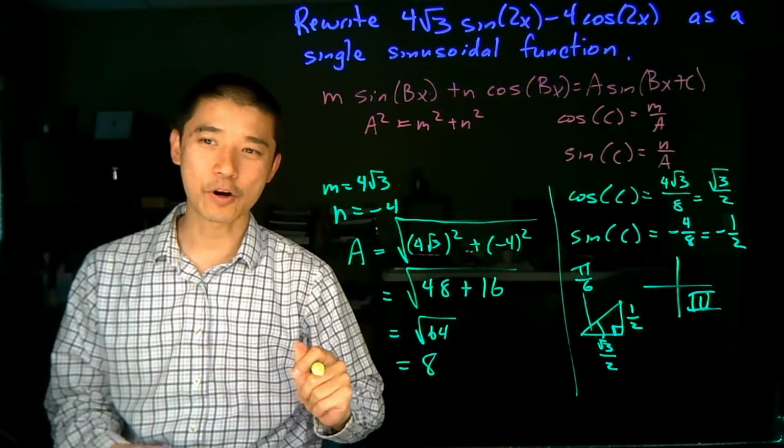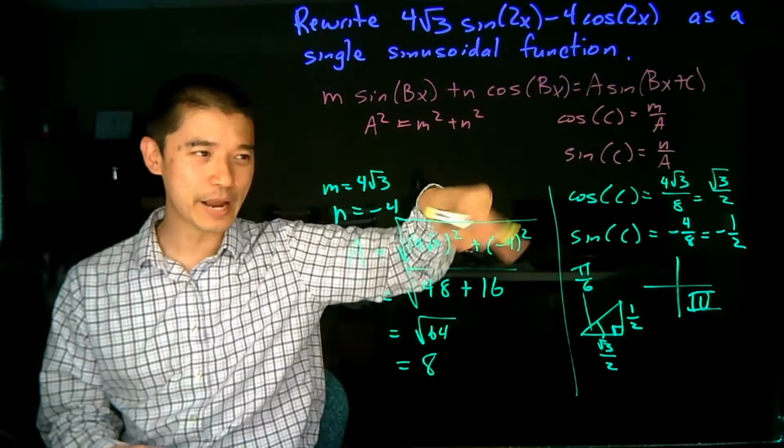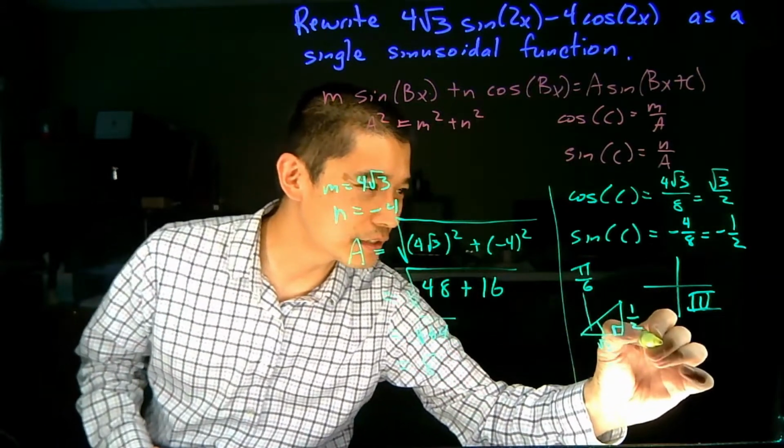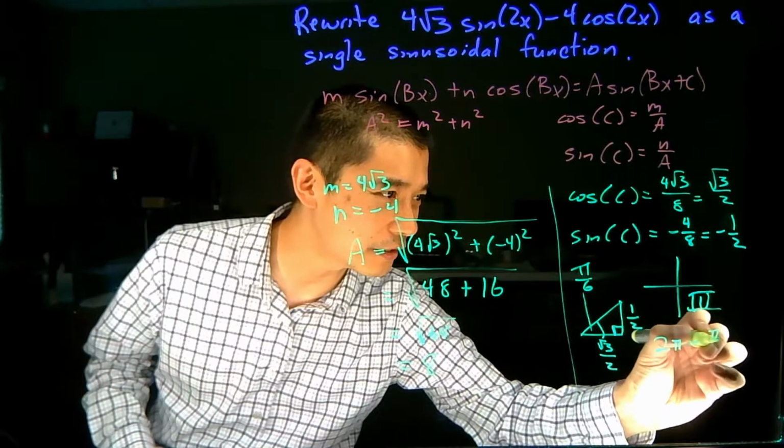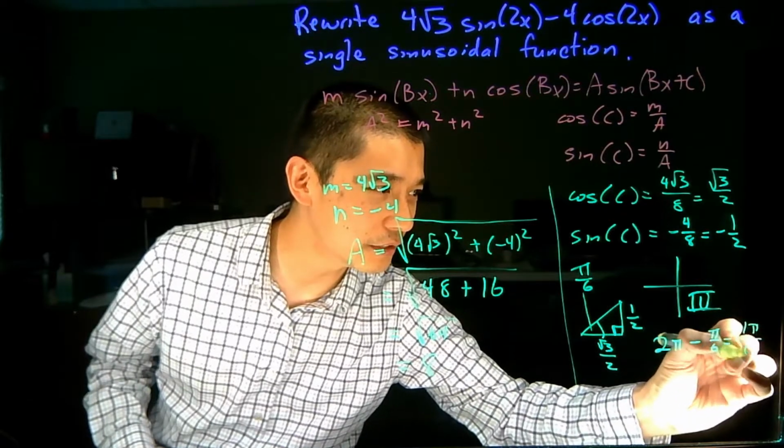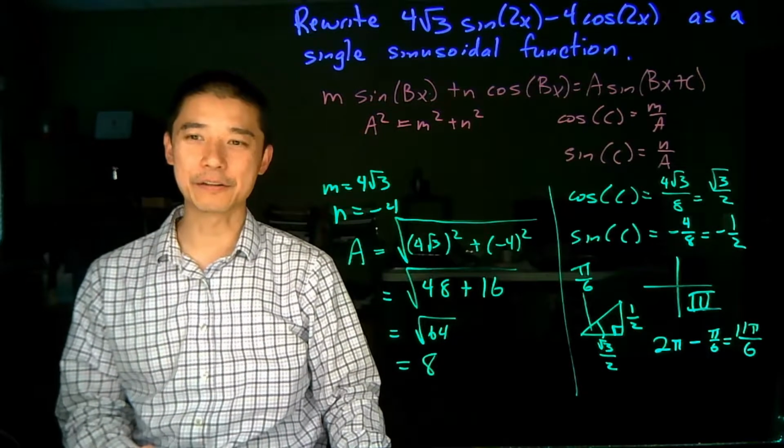Since we're in the fourth quadrant, we have to go all the way around and then come back by that reference angle. So 2 pi minus pi over 6 is 11 pi over 6, and this is going to be our value of c.